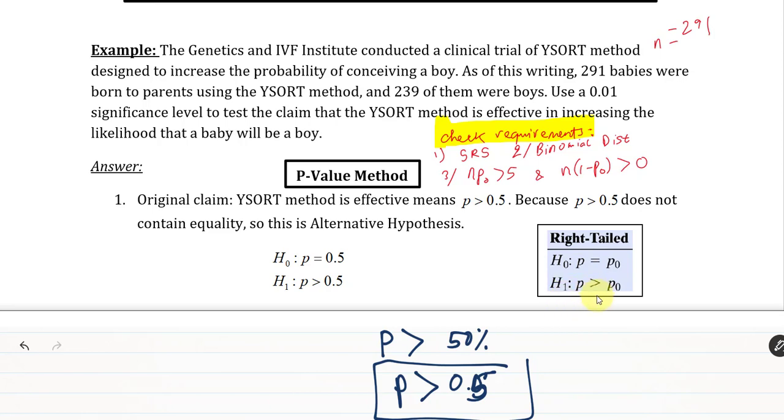So you just have to replace the bigger than sign with the equal sign and make that the null hypothesis. The value of p0 is 0.5 here, and therefore you multiply 0.5 by n, 291, and it is bigger than 5. So all the requirement checks are okay.